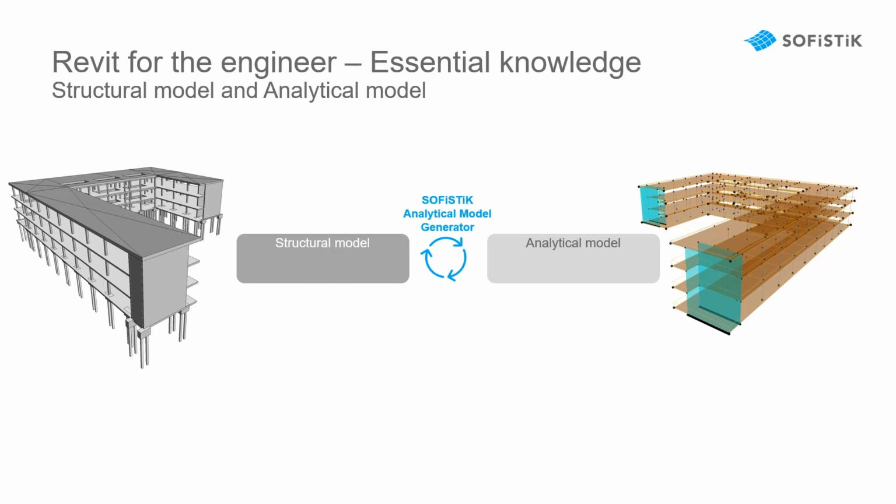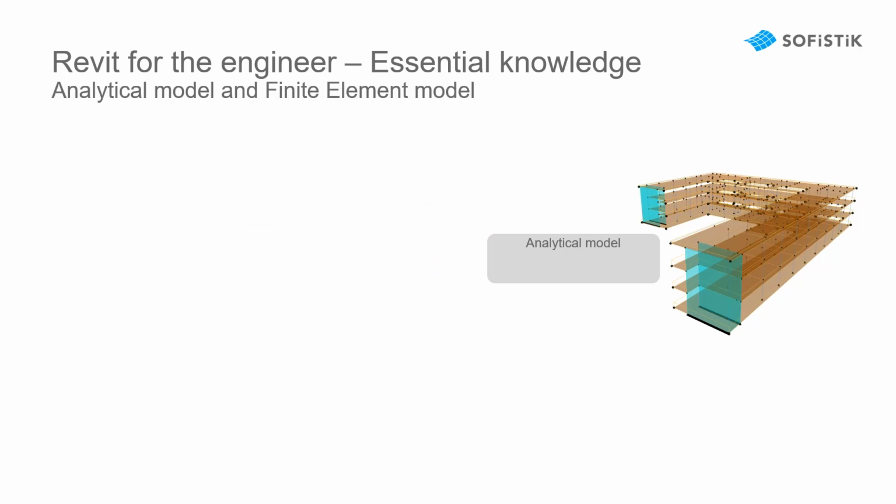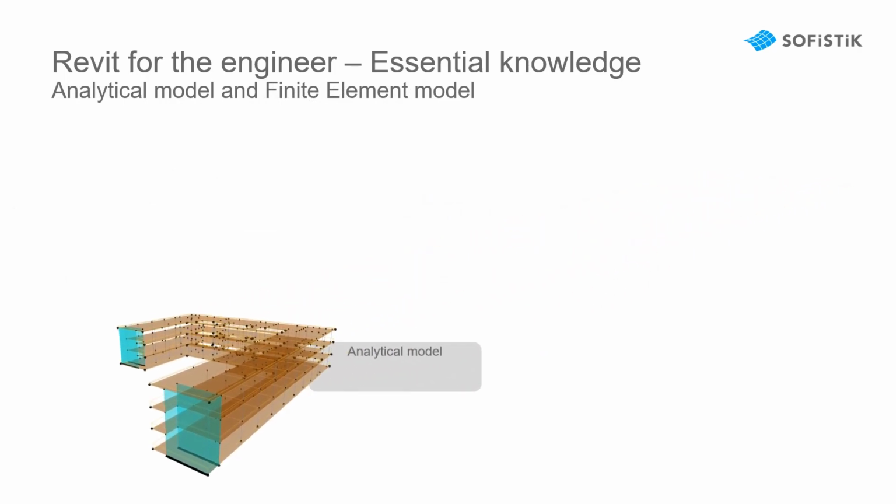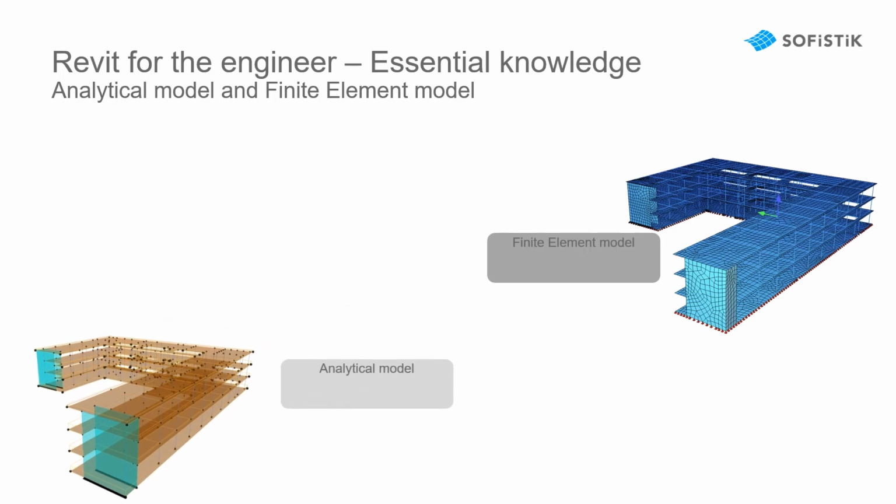Once the analytical model exists, static calculation and designs can be performed using the finite element method. SOFiSTiK Analysis and Design allows to conduct these tasks by generating finite elements in the background. It also enables performing standard calculation and designs directly within Revit.